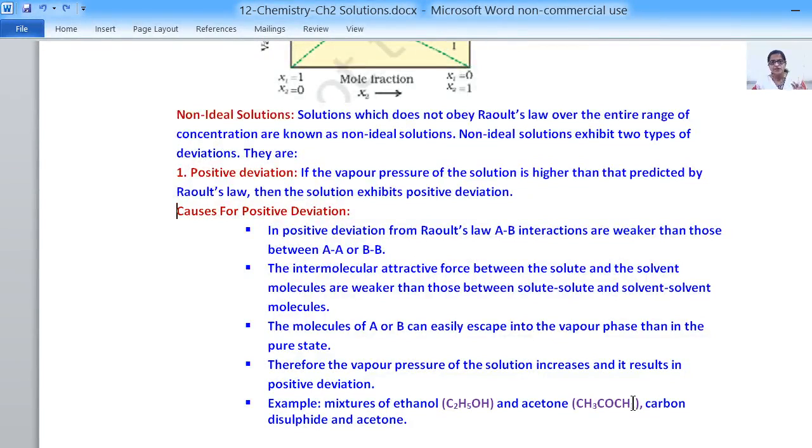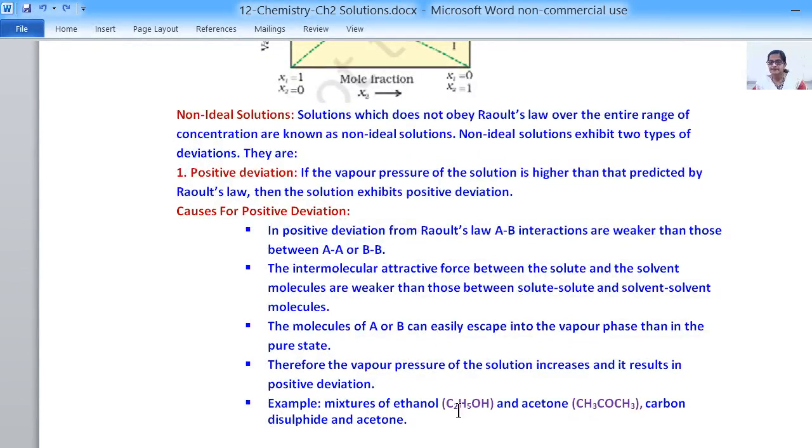Now, when ethanol is mixed with acetone, a new bond is formed between ethanol and acetone, and this newly formed bond is a very weak bond. As a result, either an ethanol molecule or an acetone molecule can easily escape into the vapor phase. As a result, the vapor pressure of this mixture will be higher than predicted by Rolle's law, and this mixture exhibits positive deviation.